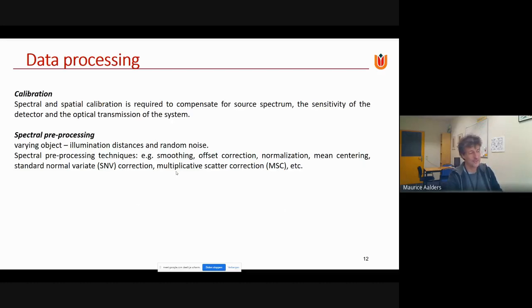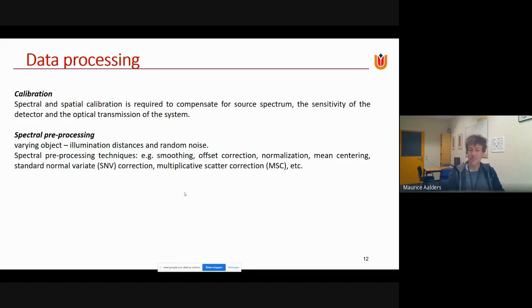And there are all kinds of multiplicative scatter corrections. That's the difference in scattering. So there's a lot of pre-processing algorithms. And very important for these pre-processing algorithms is that you're not throwing away your information. So as I just told you, you're correcting for the amplitude of your spectrum by using, for instance, an SNV.